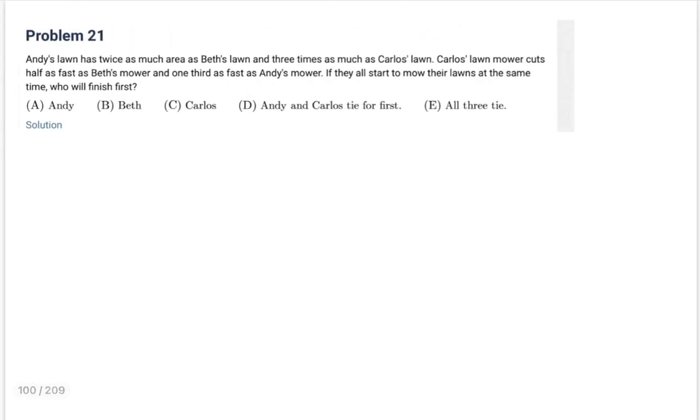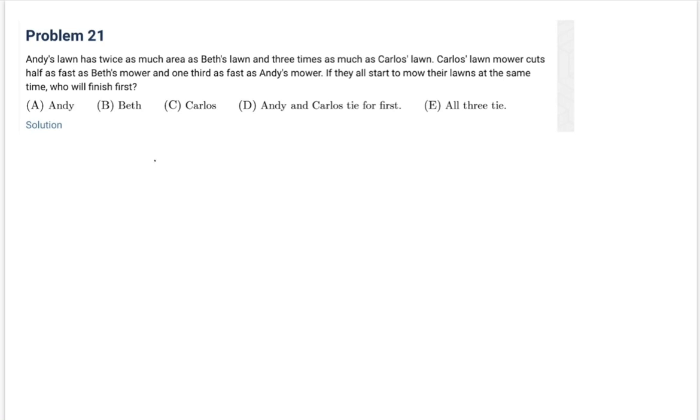Problem 21. Andy's lawn has twice as much area as Beth's lawn and 3 times as much as Carlos's lawn. Carlos's lawnmower cuts half as fast as Beth's mower and 1/3 as fast as Andy's mower. If they all start to mow their lawns at the same time, who will finish first? Okay, so for this one, let's just say that a certain value is the area of Andy's lawn, and a certain value is the speed that Carlos's lawnmower cuts.